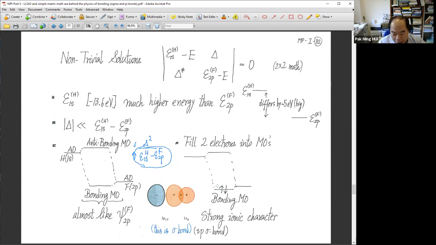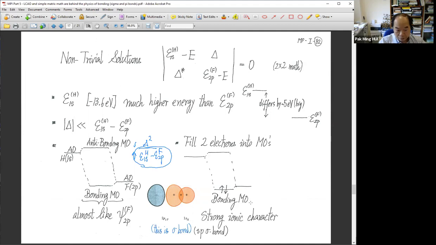Now filling in the electrons, I only have 2 electrons, one from hydrogen, one from the lonely 2p. So that will occupy the bonding. At the end, you see some energy gained. All right, that's nice. And then you will have an sp sigma bond.